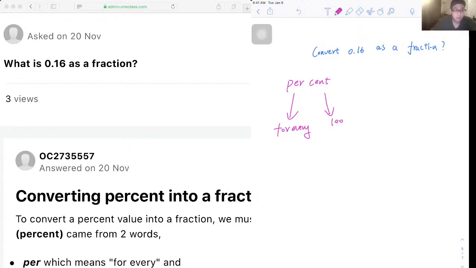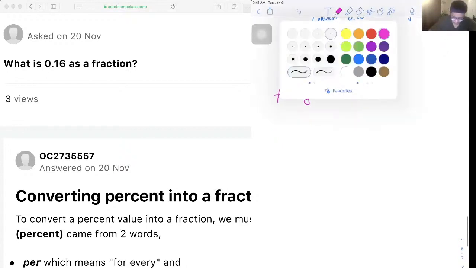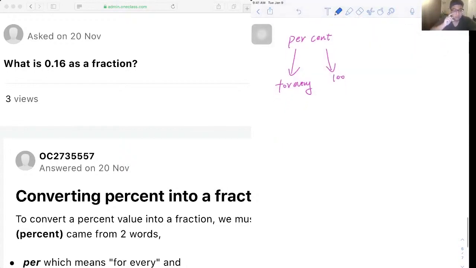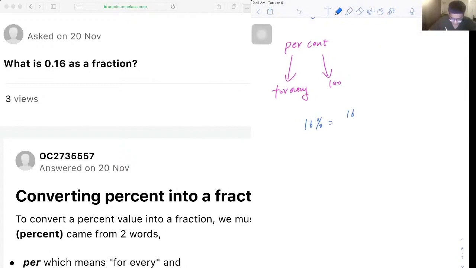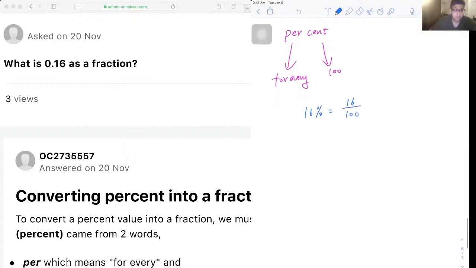So therefore percent just means for every 100. Now coming back to this question, we have our 16%, which can also be written as 16 over 100.